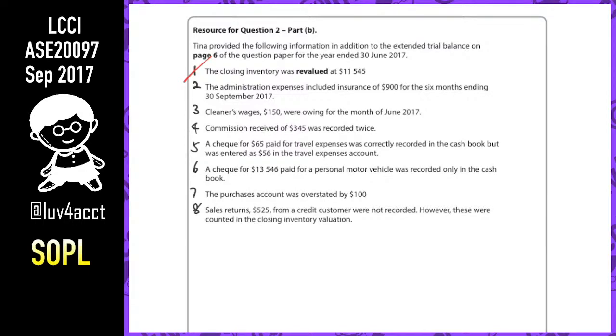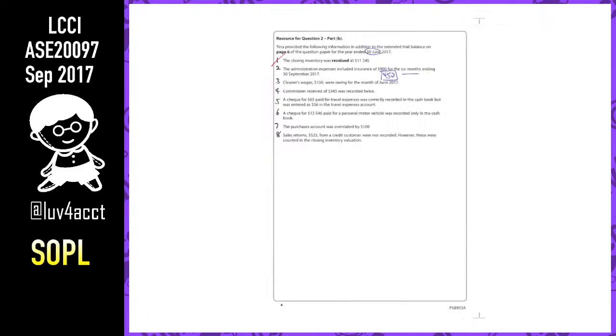Item 2: the admin expenses included insurance of 900 for the 6 months ending 30th September. We are at 30th June for the year end. So 3 months, July, August, September, is prepayment out of 6 months. So it's 450 negative for admin expenses.